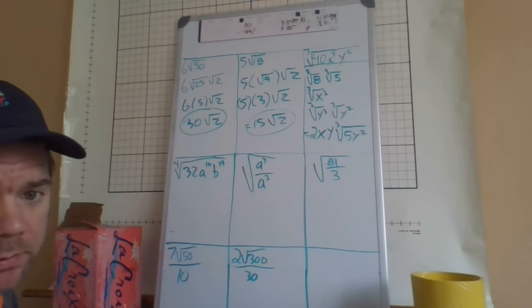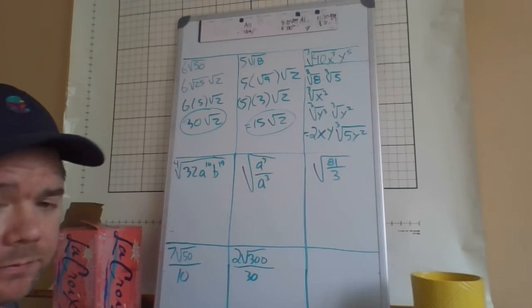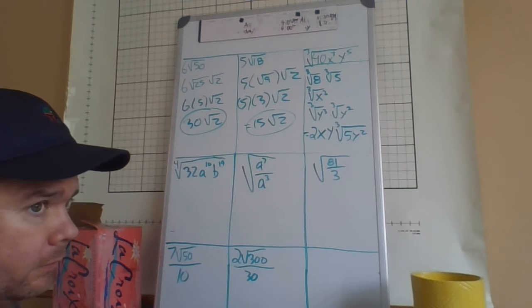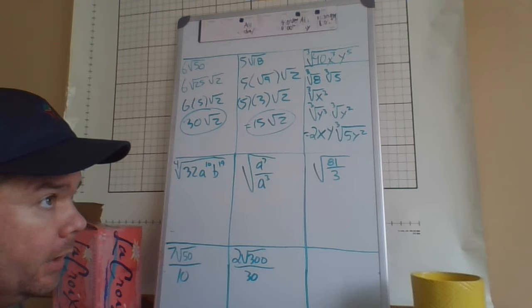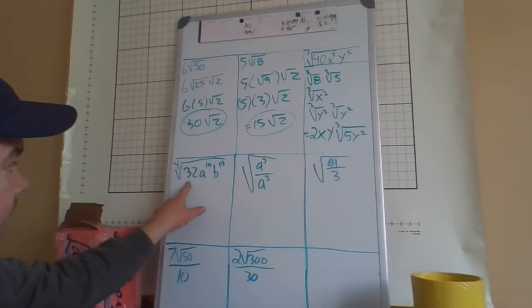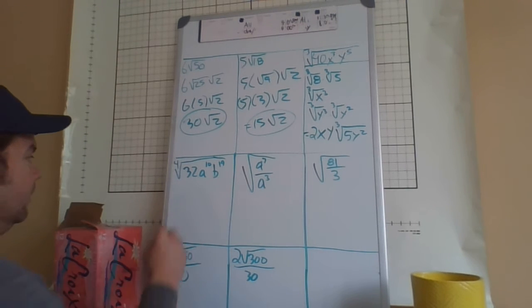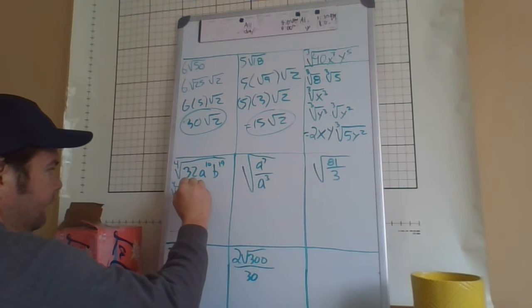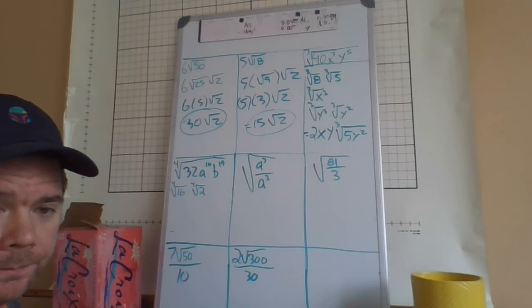This time I'm looking for perfect fourth powers that I can factor out of each piece. Perfect fourth powers are things like 1 and 16. So 16 is the biggest one I can pull out of 32. So I've got the fourth root of 16 times the fourth root of 2.